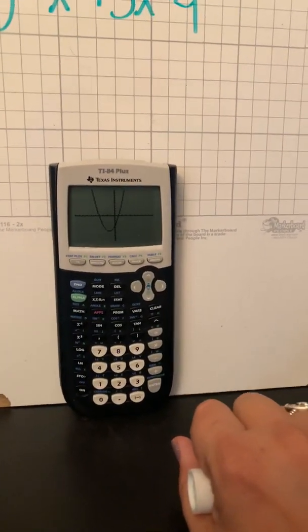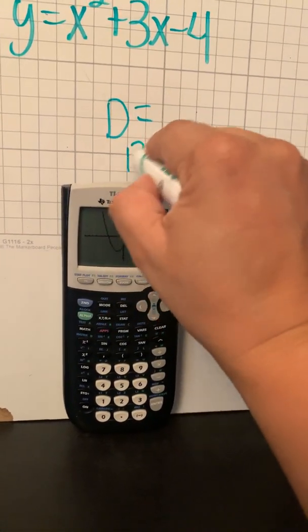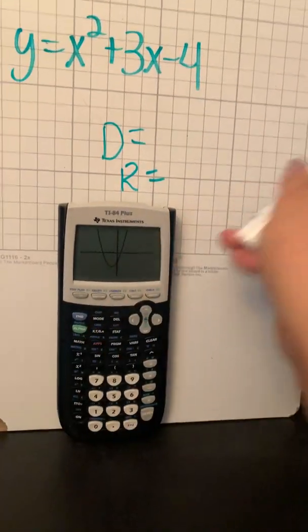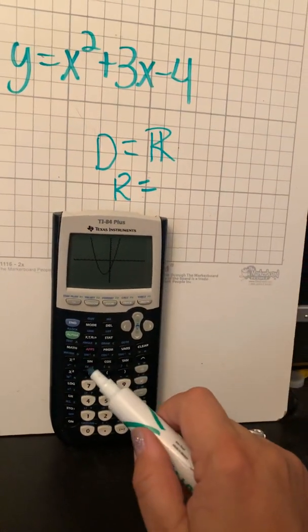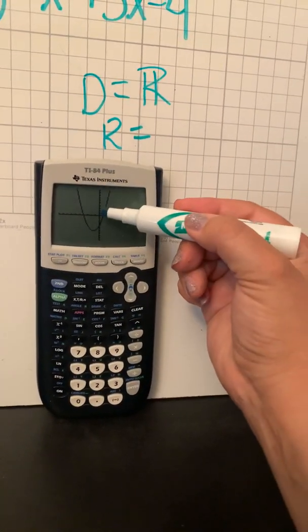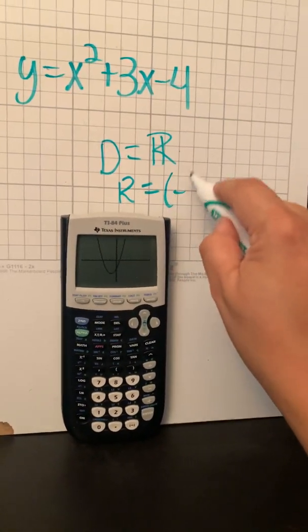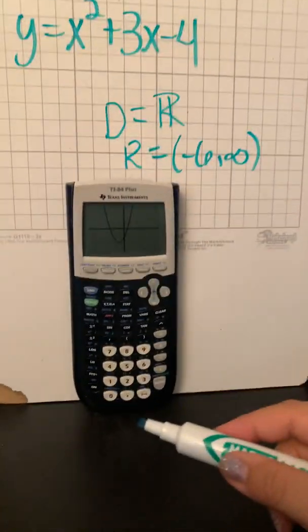So here's our graph. If I want to state my domain of that graph, my domain keeps traveling left, keeps traveling right. So that would be all reals. My range, the lowest point that this goes, it looks like it's 1, 2, 3, 4, 5, 6. So it looks like we're at negative 6 and it's traveling up to infinity.